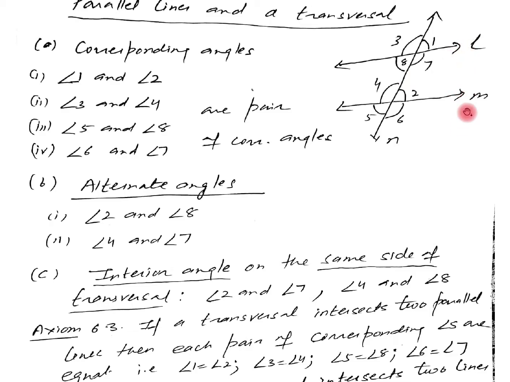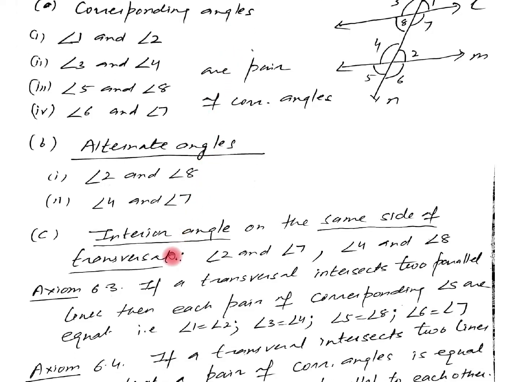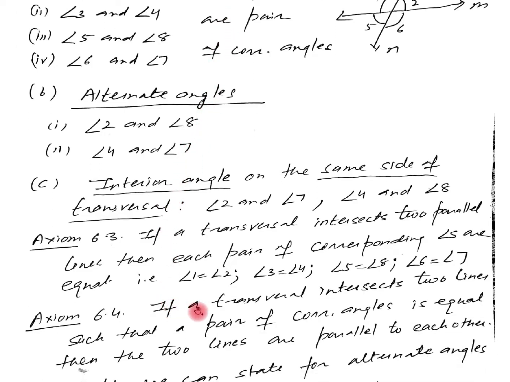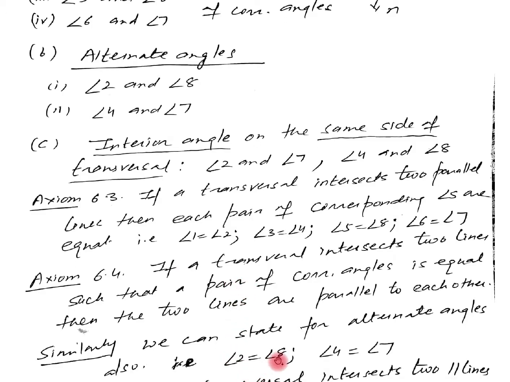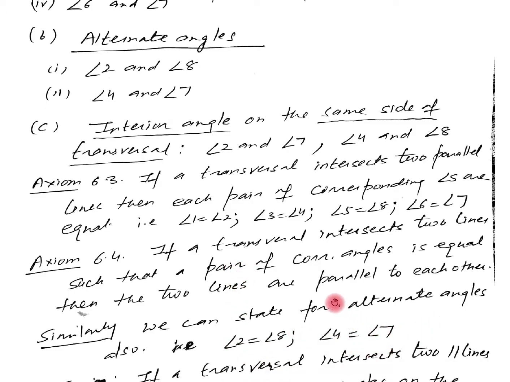If L and M are parallel lines, then corresponding angles are always equal. Along with that, if the lines are parallel, then the alternate angles are also equal. So we can say angle 2 equals angle 8, angle 4 equals angle 7.